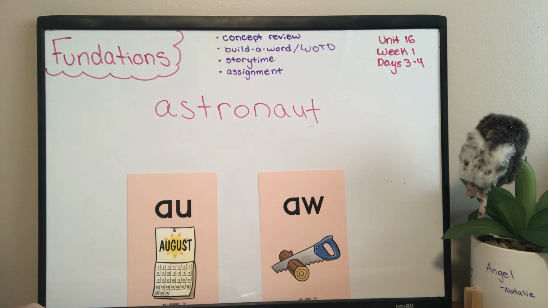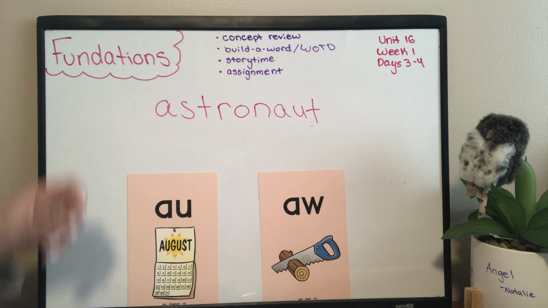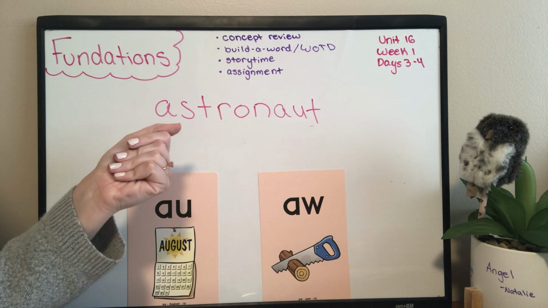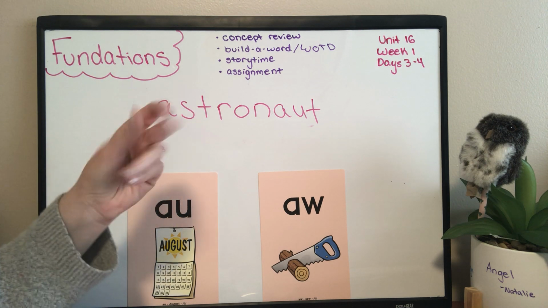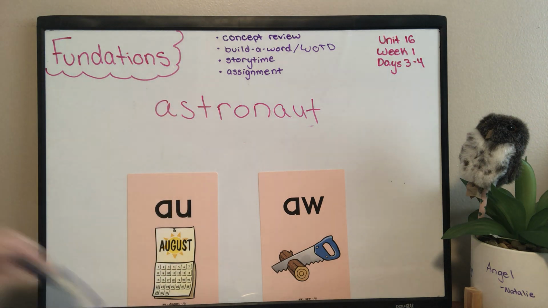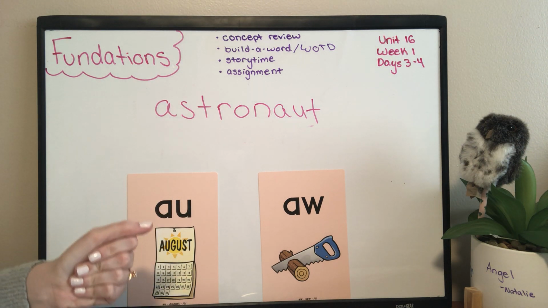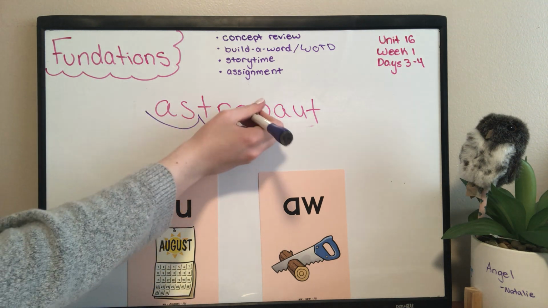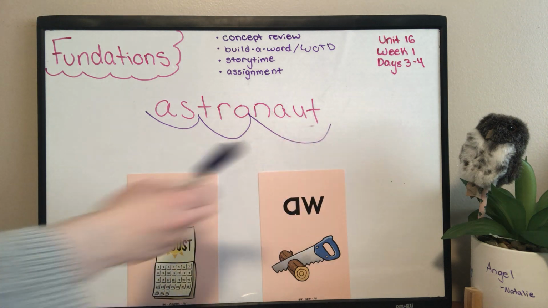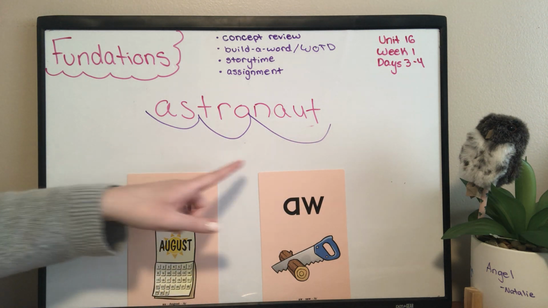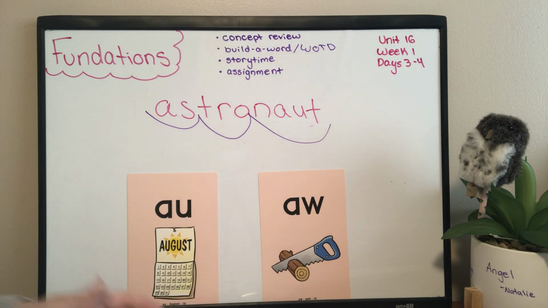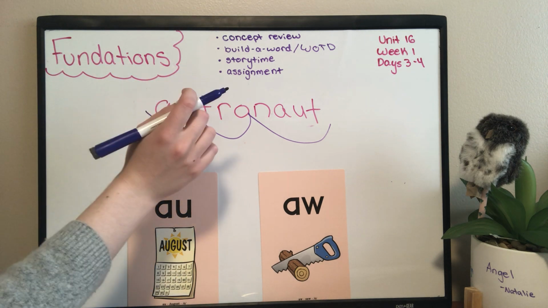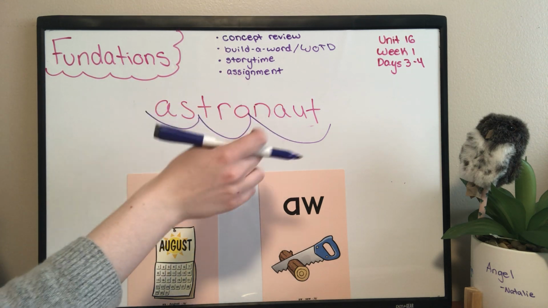Let's mark it up just for fun. How many syllables are in the word astronaut? Astronaut. 3. Where are they? Let's do the double vowel team first.